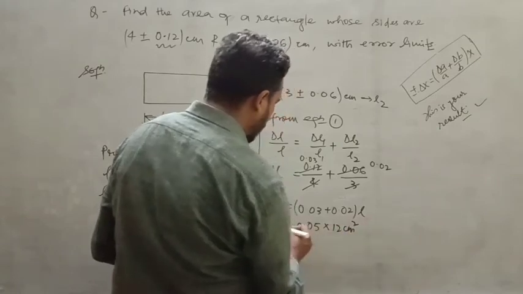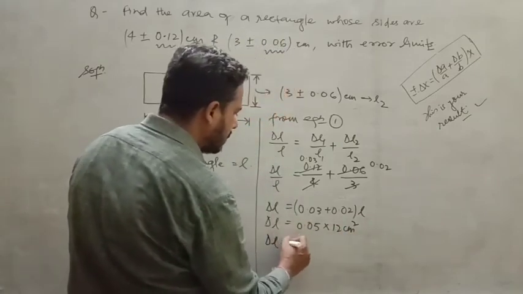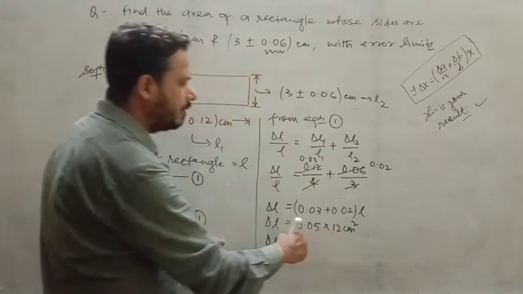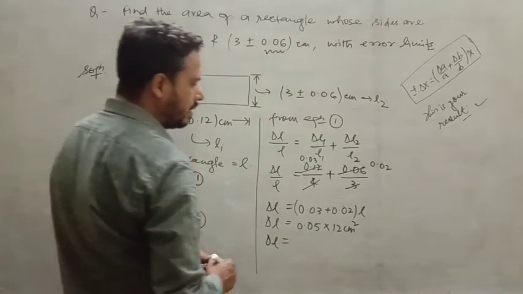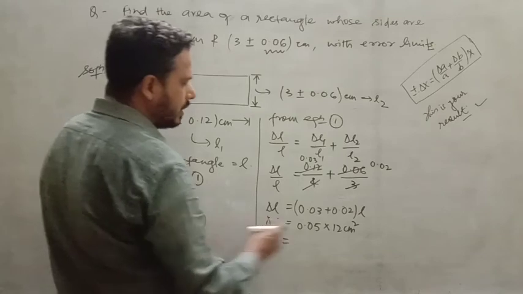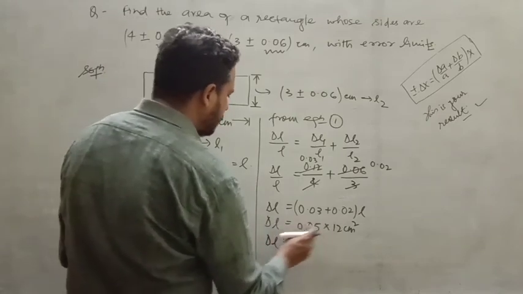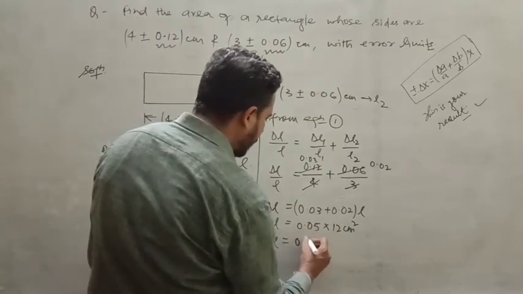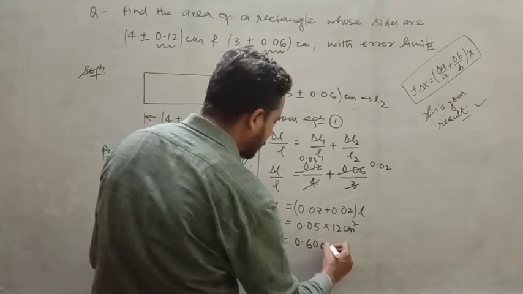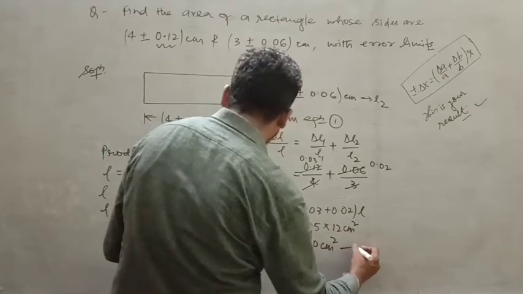After doing the calculation, you will get delta L is equal to 12 times 5, which is 60. So that becomes 0.60 square centimeter.